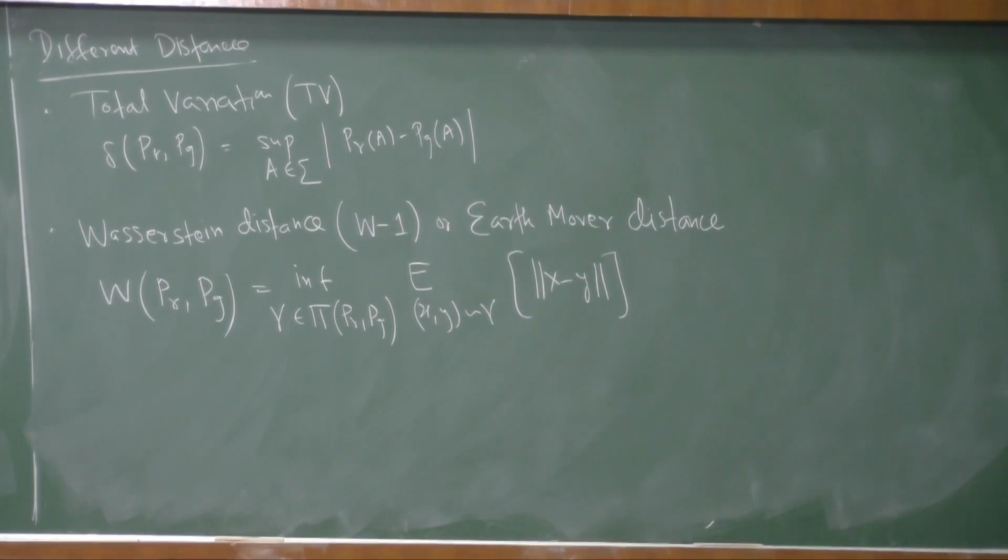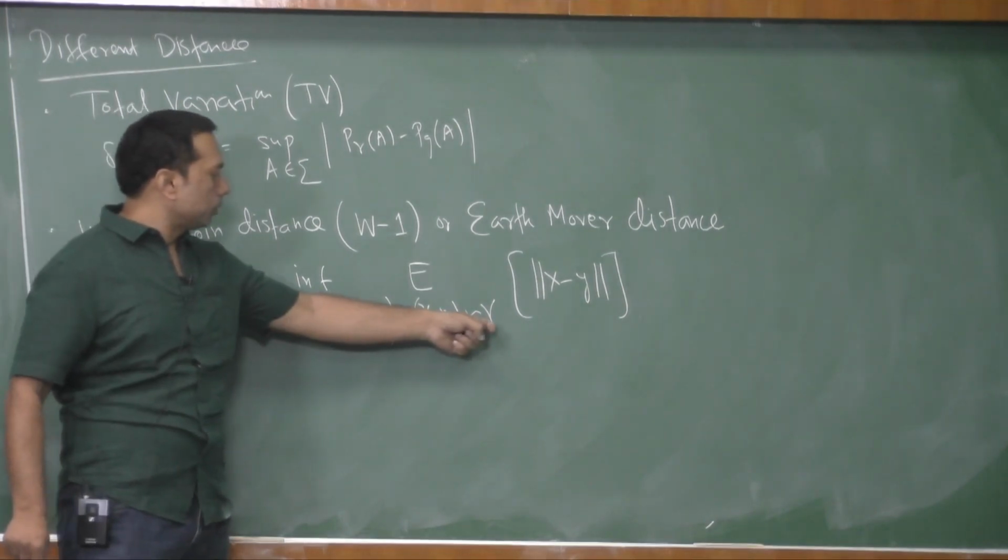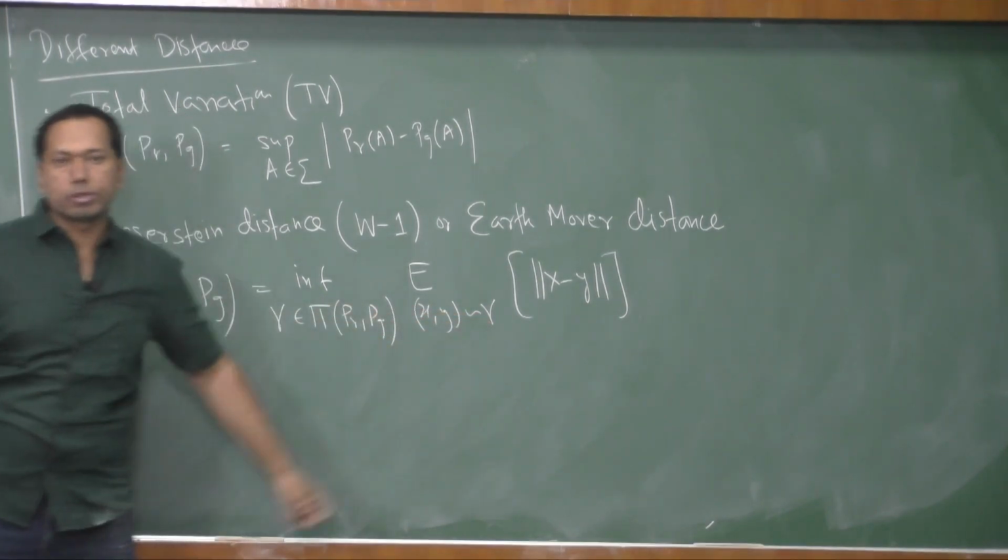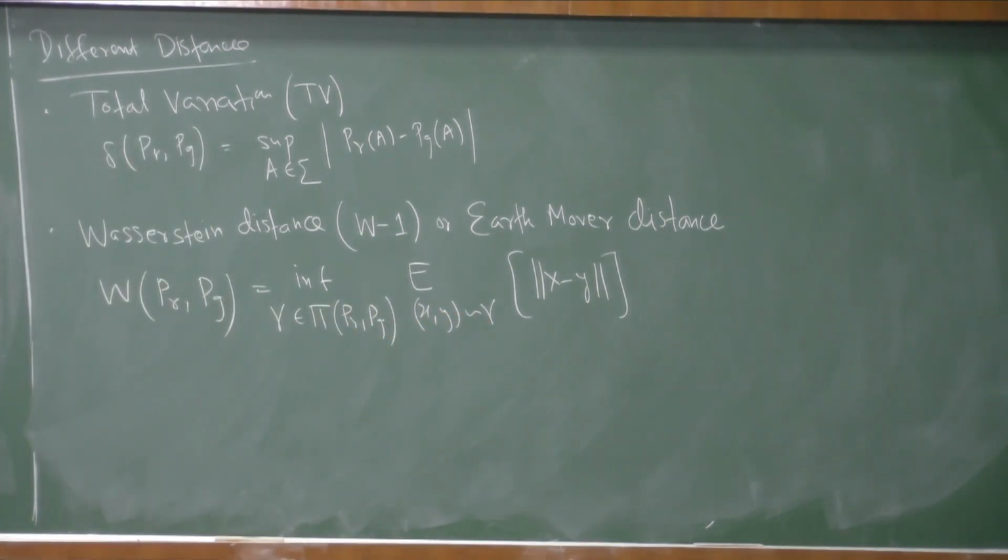So in short, in words, what this is trying to say is: take an infimum of the expectation of the difference x minus y, where x and y are sampled from a joint distribution. We have seen joint distributions before in the probability class.